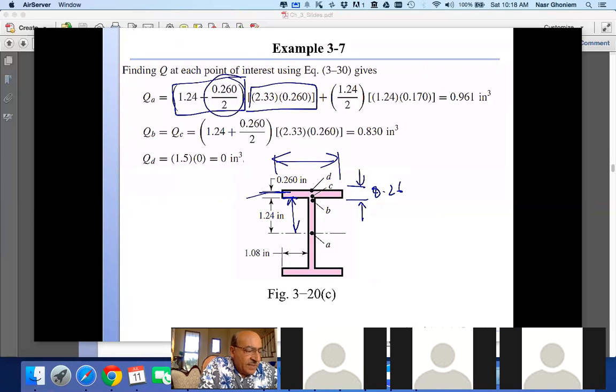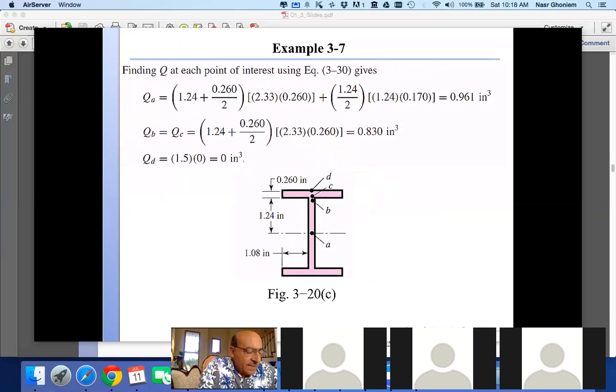So that gives me the Q as a result of the first section on the top. And then the second section is the skinny one here. So I find its area, 1.24 times 1.7, and then I multiply by the distance off of the neutral axis, and I add.